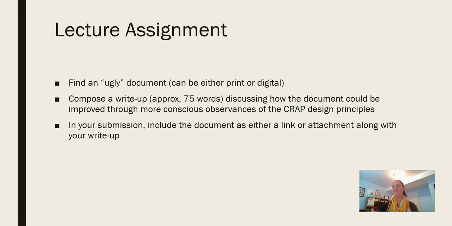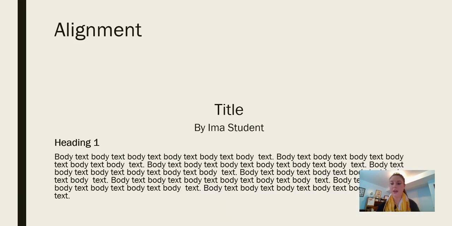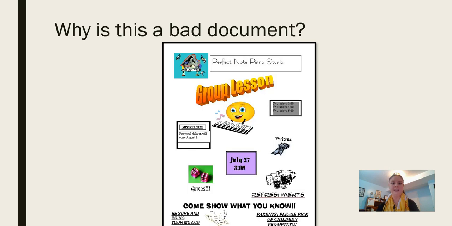So basically, if we were looking at this ugly document here, maybe I could say, well, contrast would be better included if it was more deliberate. So maybe greater contrast for Perfect Note Piano Studio, the name of the piano studio, maybe that should be contrasted the most.